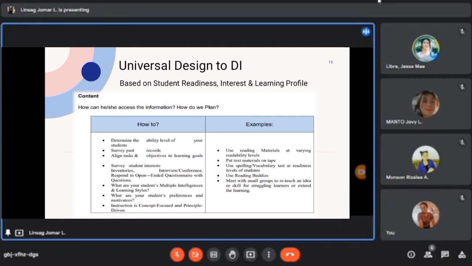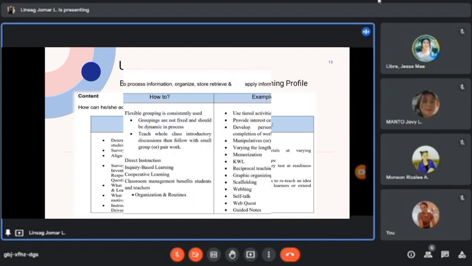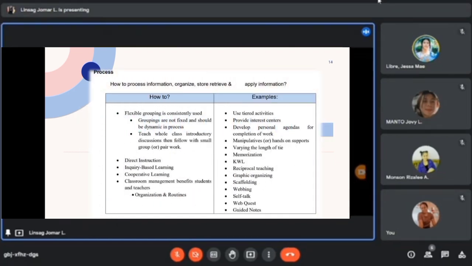Now let's move to the process, on how to process information and organize, store, retrieve, and apply information. First is flexible grouping, consistently used.